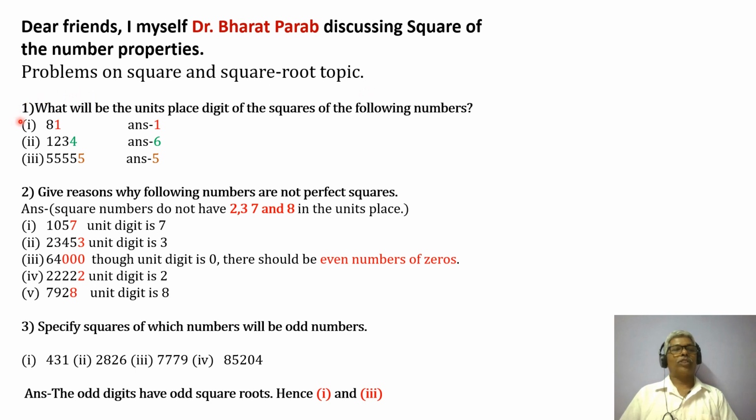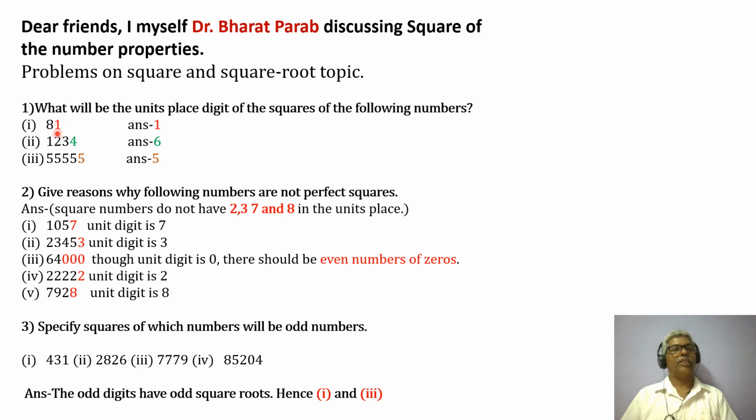Okay, the first one: what will be the units place digit of squares of the following numbers? See, he is asking only about the unit place digit, that is the last digit of the squares of these numbers. You don't have to actually multiply these numbers. 81 into 81, whatever may be the value, the last digit will be 1.